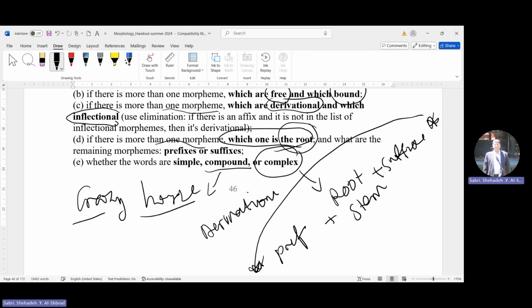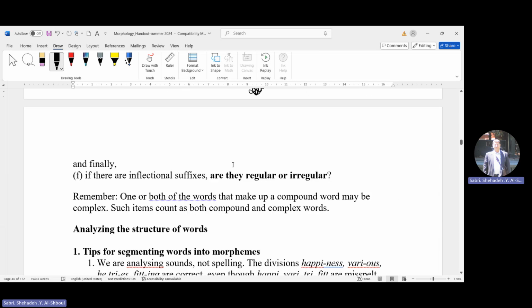So here we have a kind of what kind of horse? It's a crazy horse, right? It is a kind of teapot, yeah, what kind of pot? It is a teapot. Lipstick, right? What kind of stick? It is lipstick. So these are the compounds that we mean here in this presentation.